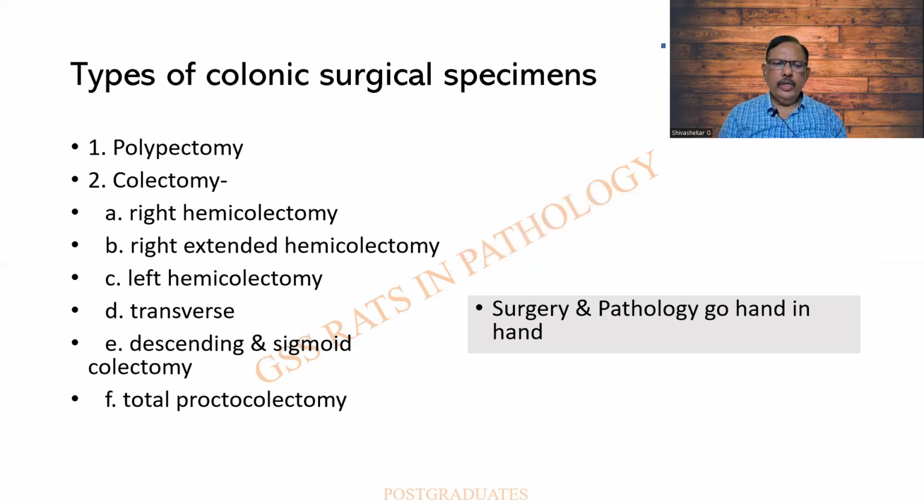Sometimes a total proctocolectomy is done. And this is done mainly in conditions such as familial polyposis. And please do remember, surgery and pathology go hand in hand. Actually, it will be important that we have some knowledge of the surgical procedures before landing in pathological trouble.